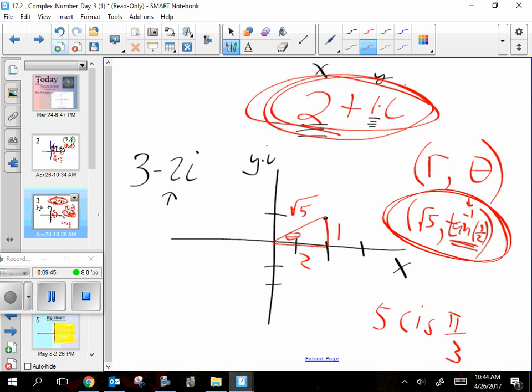Now just think about it for a second. Would you agree that that has an i in it? cis. So obviously it has to do with what kind of numbers? Don't say imaginary. Complex.